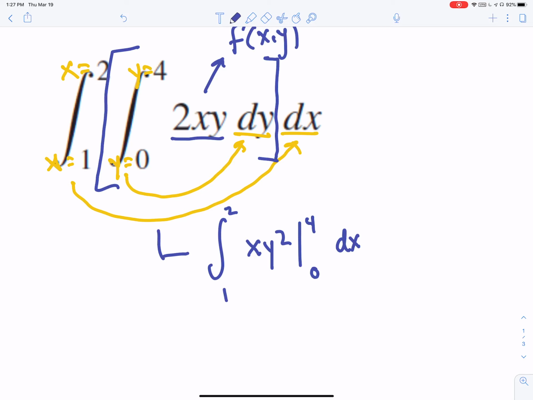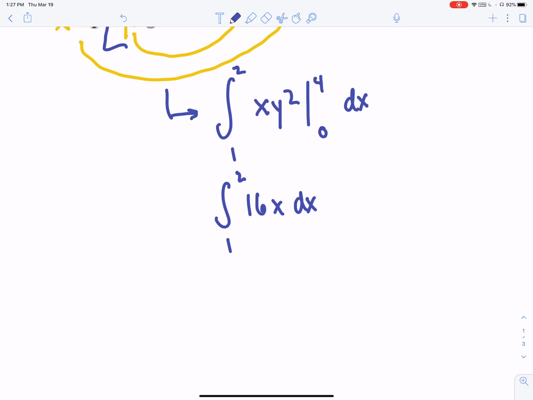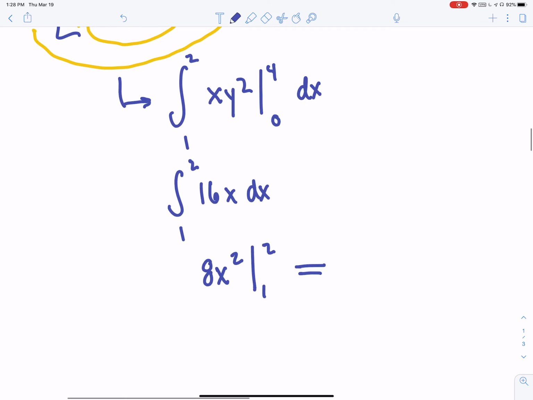So this is now a single integral that we have to do. From 1 to 2, that'll become 16x dx. And now it's just turned into a regular single variable integral. And so that'll become, I believe, 8x squared, evaluated from 1 to 2, and that is 24.